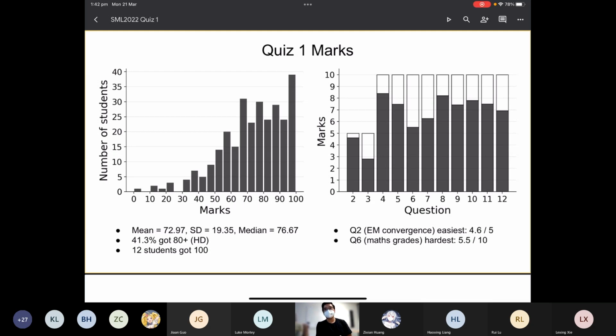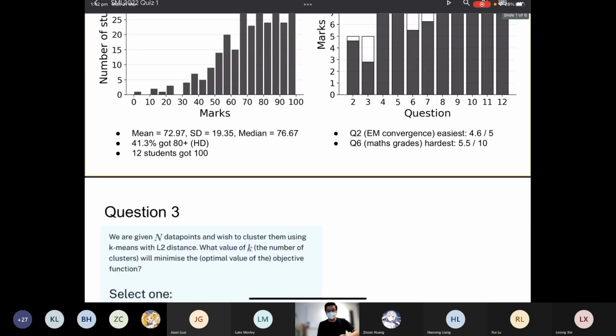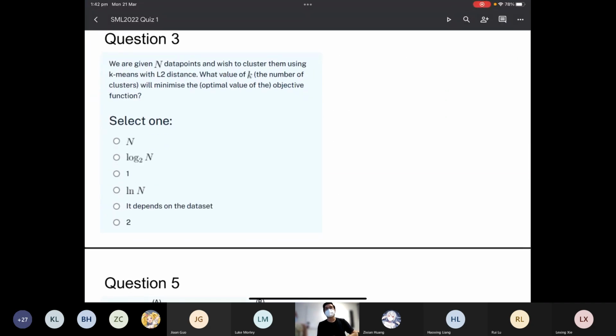In the following, I will try to give you a solution to some of the questions that confused you quite a lot. I won't go over the entire 11 questions in the quiz, but I've chosen a few. This is a question about k-means, and lots of people seem to be confused by it. The most popular answer next to the correct answer is that it depends on the data set.